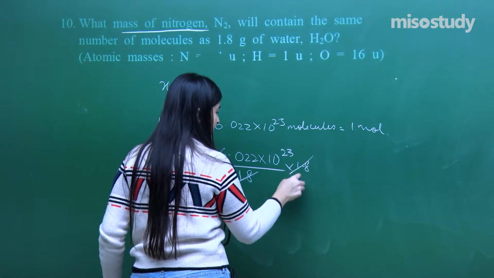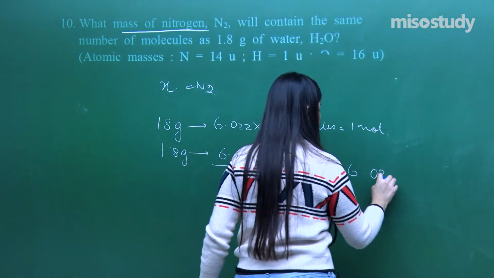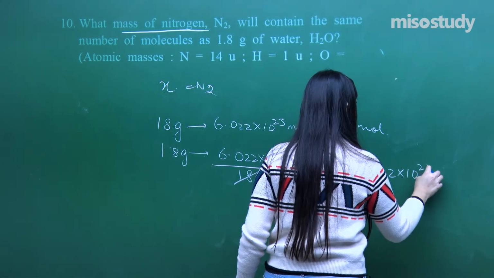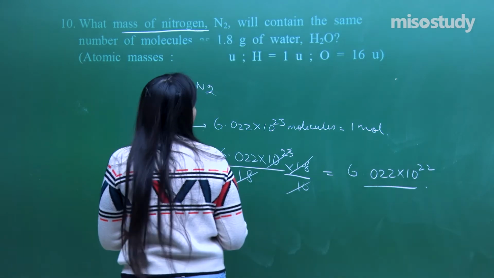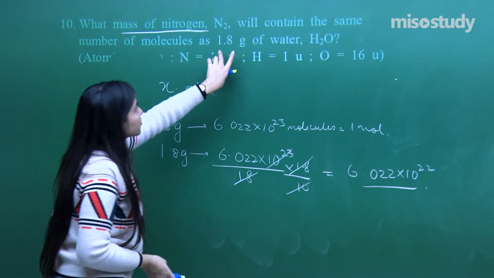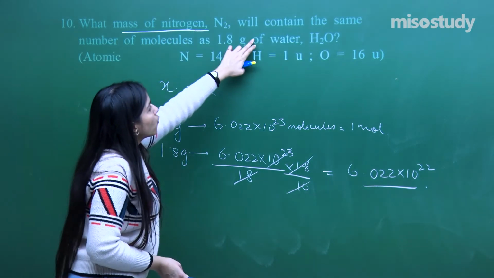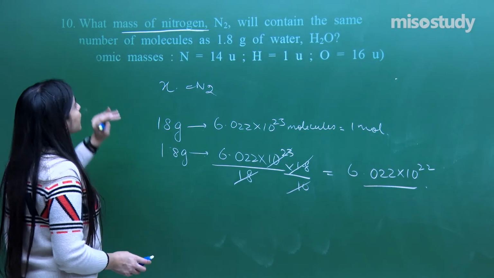That means 6.022 into 10 to the power 22 molecules. So first of all, what I have calculated is the number of molecules in this much water. What mass of nitrogen will contain the same molecules?